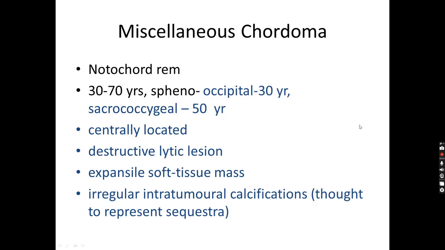Then coming to the miscellaneous, there is chordoma. It has two typical sites, occipital and sacrococcygeal. Occipital will have relatively early age group, 30, and sacrococcygeal will have a 50-year age group.